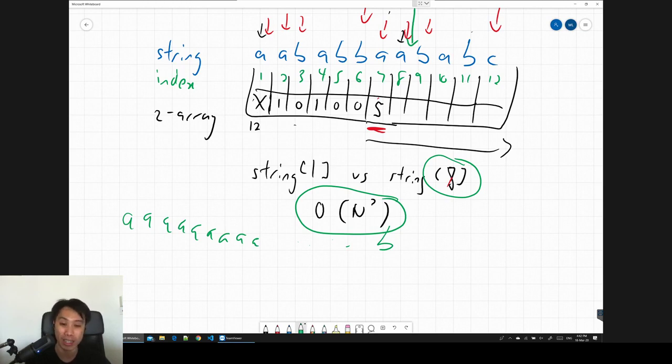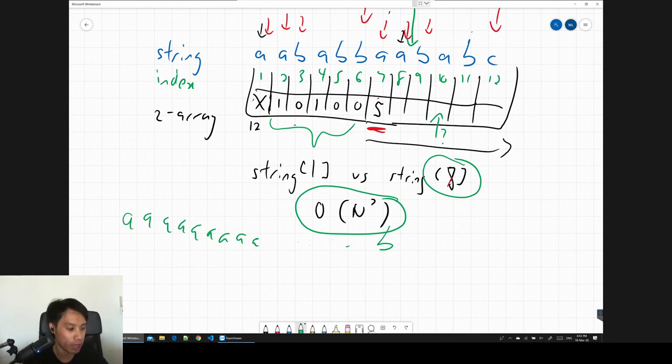There's no way around it. Okay? The trick is you're trying to reuse the pre-computed numbers from your Z array to figure out what is the new number. Okay? I repeat, Z algorithm is a dynamic programming algorithm.